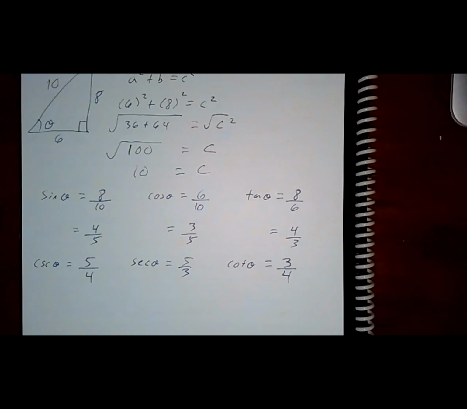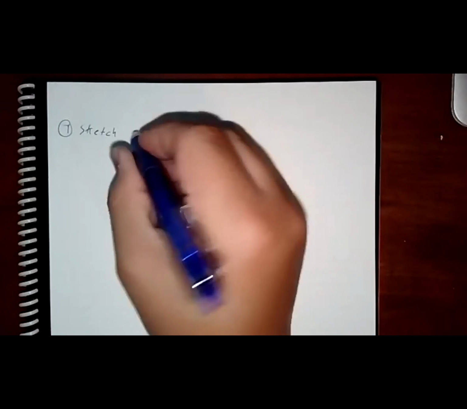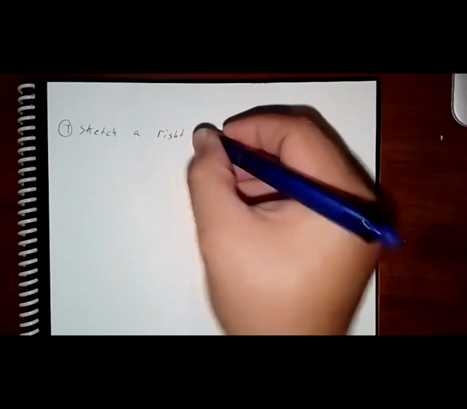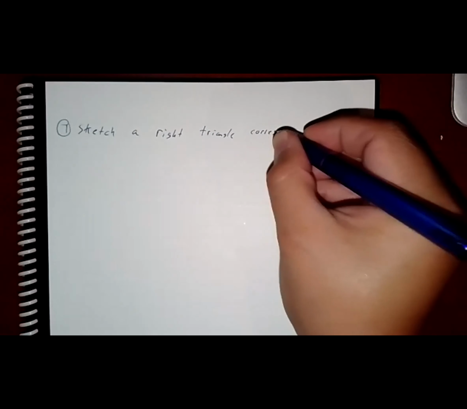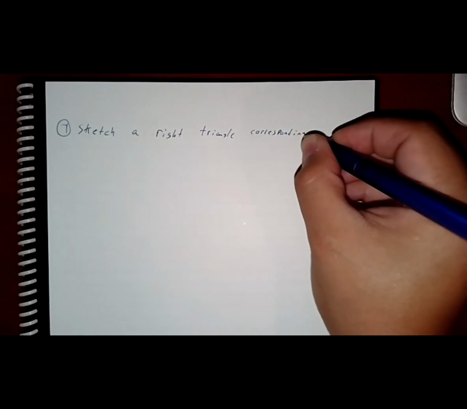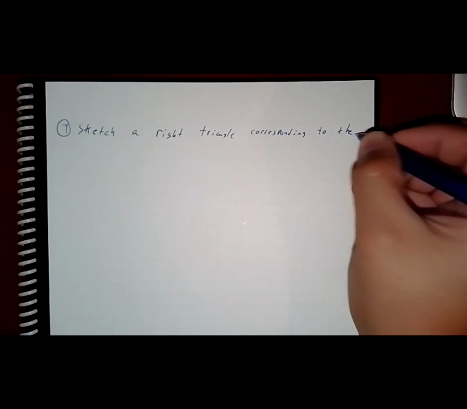Is it okay if I turn the page? Okay. So number 7 says, sketch a right triangle corresponding to the given trig function.